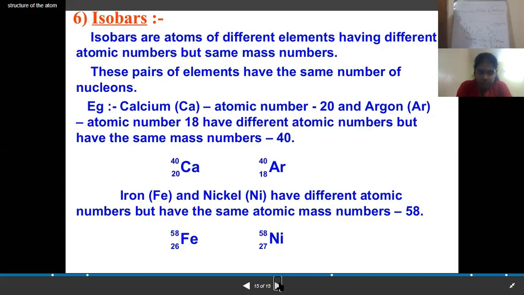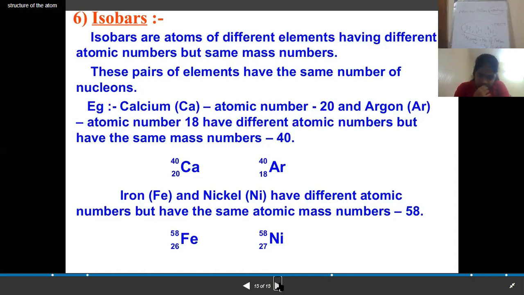There are certain applications of isotopes. An isotope of cobalt is used in the treatment of cancer. An isotope of carbon is used for determining the age of fossils, which is called carbon dating. An isotope of iodine is used in the treatment of goiter. And an isotope of uranium is used as a fuel in nuclear reactors.